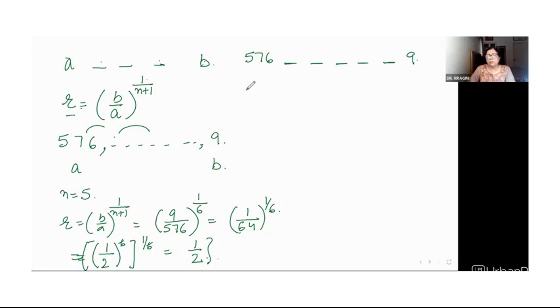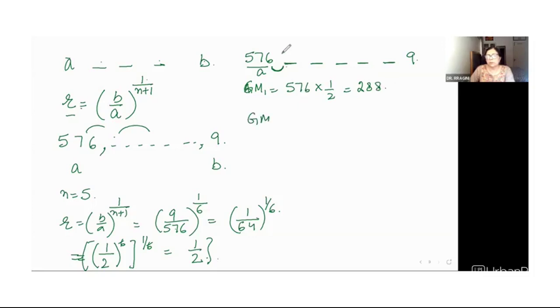So start doing this now. Now you have to treat this as a GP. You have to multiply these numbers by 1 by 2 to get the next term of this geometric progression. GP works this way. So the first GM, GM1 is, if this is A, this will be A times R. 576 multiplied by half is 288.